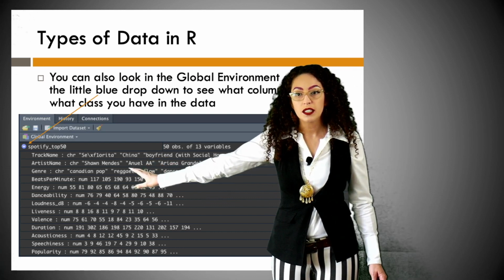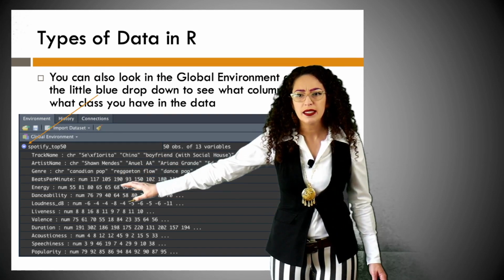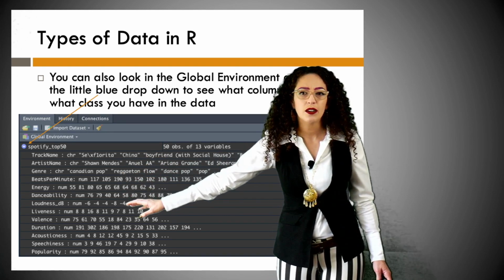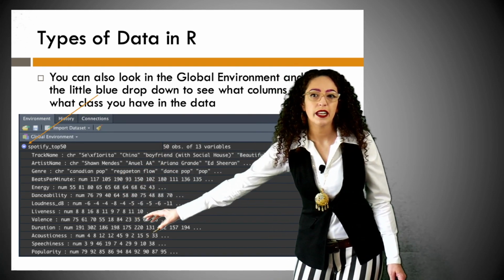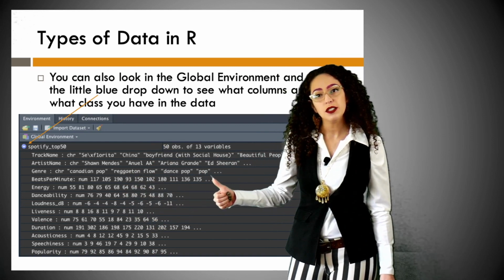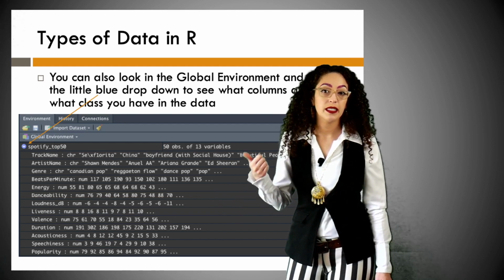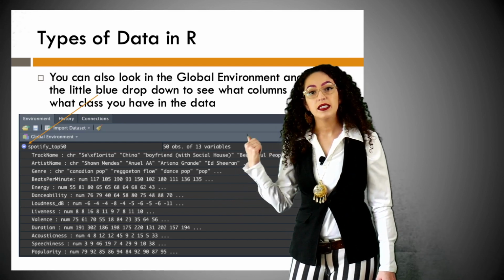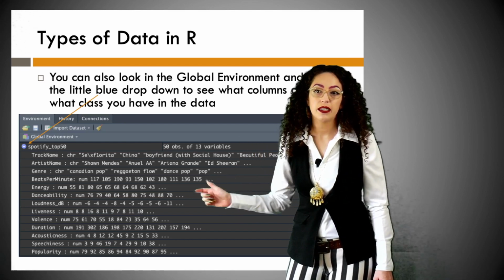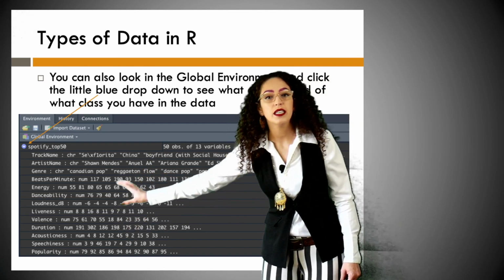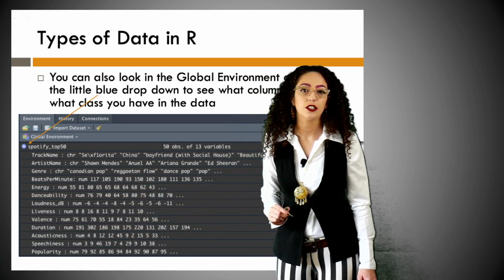We also have beats per minute and energy, loudness, etc. And all the rest of these, thankfully, are being treated either as integers or numeric. And what are those again? Integer is basically like discrete data, and numeric is basically continuous data. So what's important for us is that all these we can do statistical calculations on.